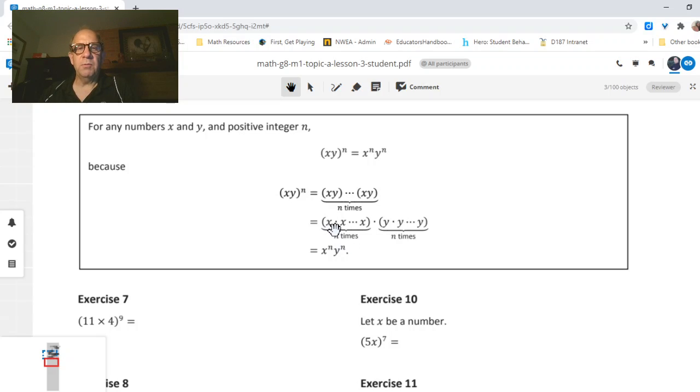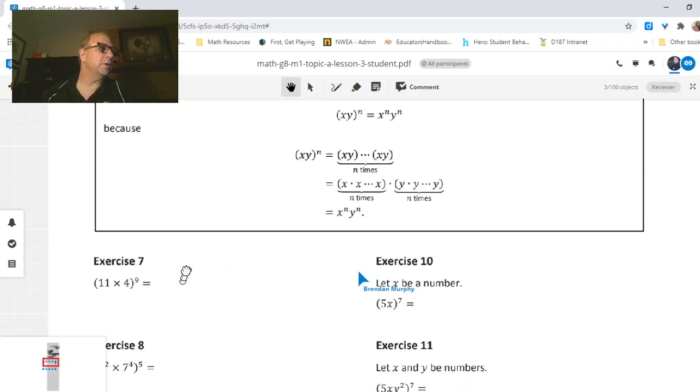So now I have x times x times x, n times, and I have y times y times y another n times. So I have x to the n times y to the n. Does that make sense?